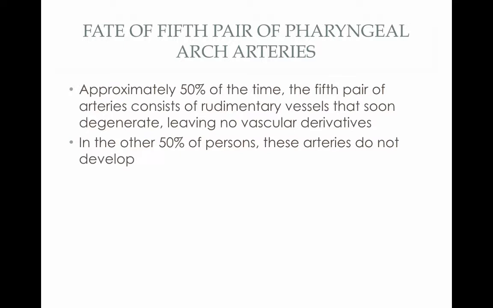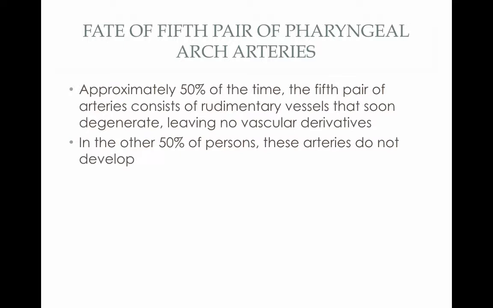So we've gone through 1 through 4, and we talked a little bit about the fifth pair and how we don't see that. Really, the fifth pair of pharyngeal arch arteries, approximately 50% of the time, consists of a rudimentary vessel that soon degenerates, so it disappears and leaves no vascular derivatives, meaning that it's not leaving any remnants or formations.